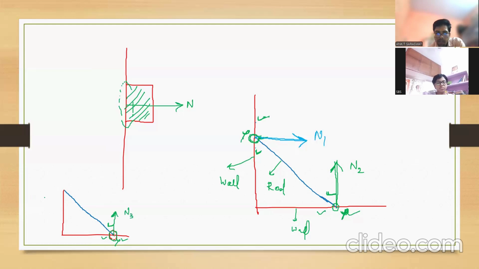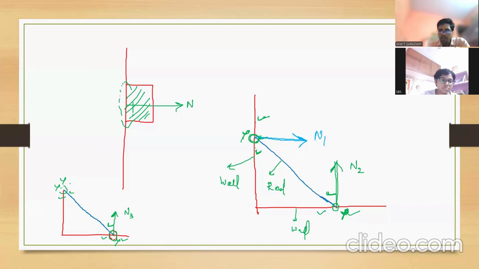But here you can check. This is the surface in contact. There is no wall here, and nearby this contact surface there is no rod. 50% chances means we are not sure. It will be perpendicular to which surface, rod surface or wall surface?